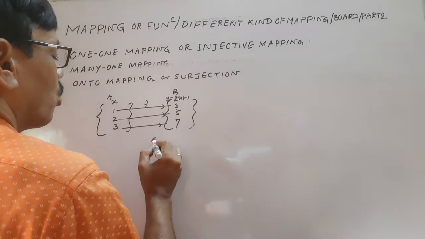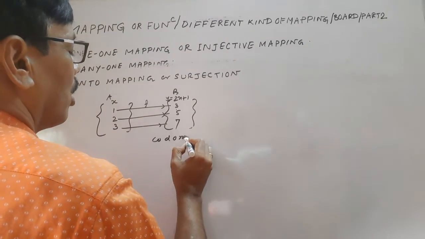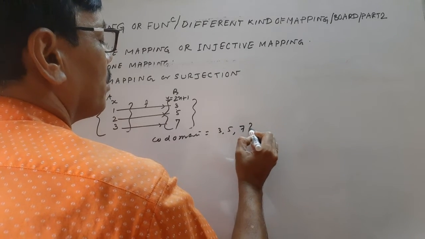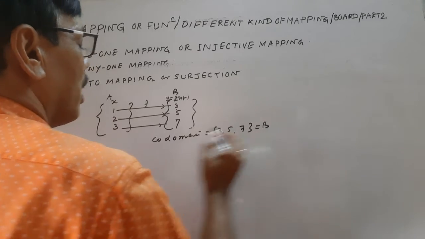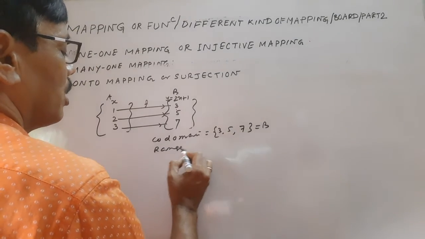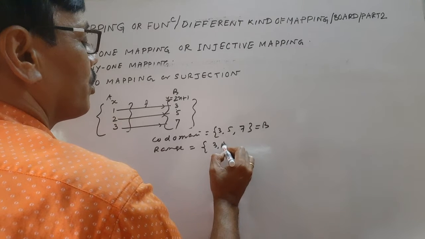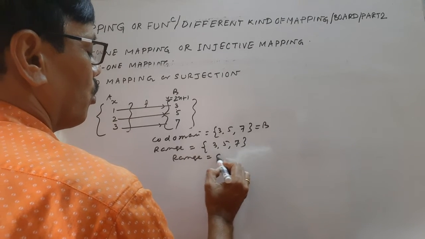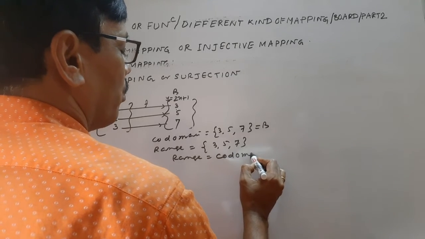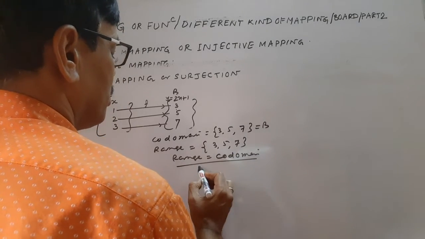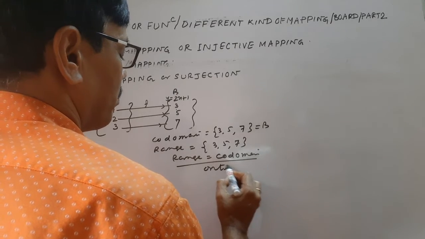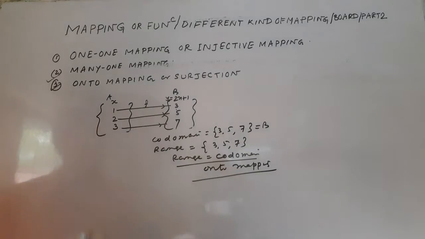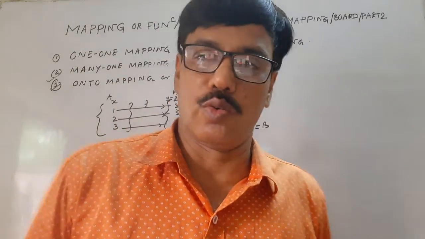So what is the codomain? Codomain is 3, 5, 7. This is set B. And what is the range? Range is also 3, 5, 7. So range equals codomain, then it is an onto mapping.